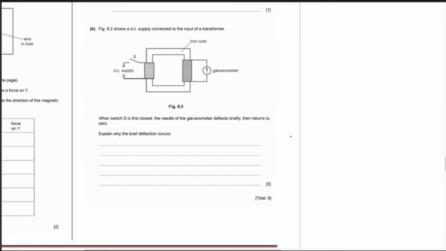Okay, so first we said there is a change in magnetic field for a short time.